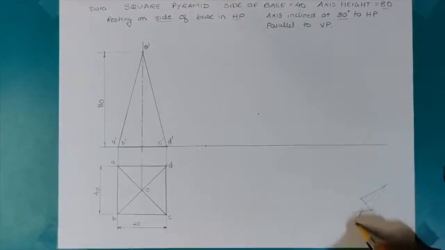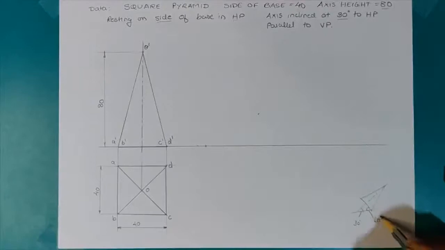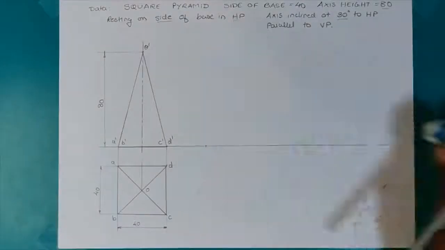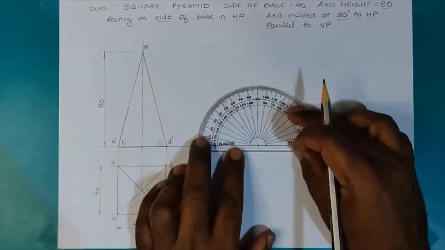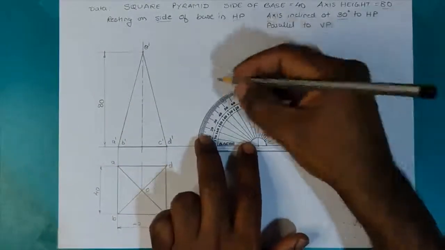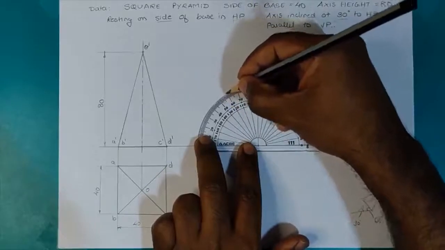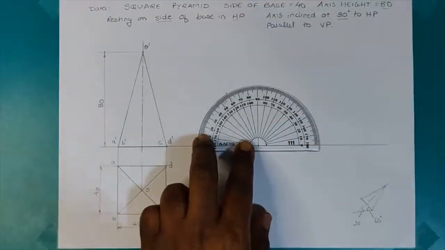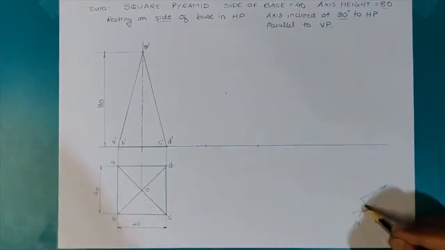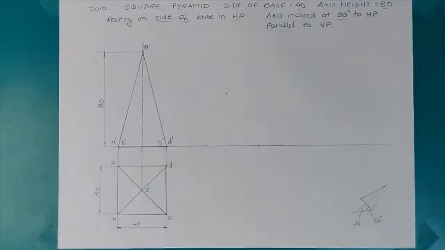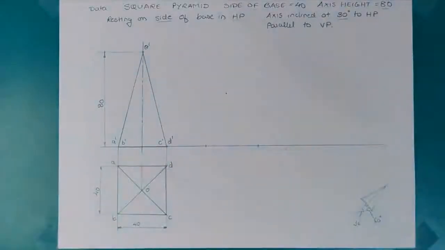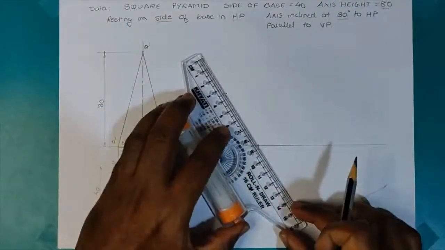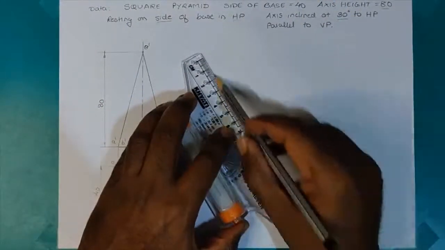This angle is 60, at which I'll be inclining the base edge. So I take a point some distance away and take an angle of 60 degrees, as I have drawn in the rough construction. I have taken the 60 degree angle, and I draw a faint line like this.